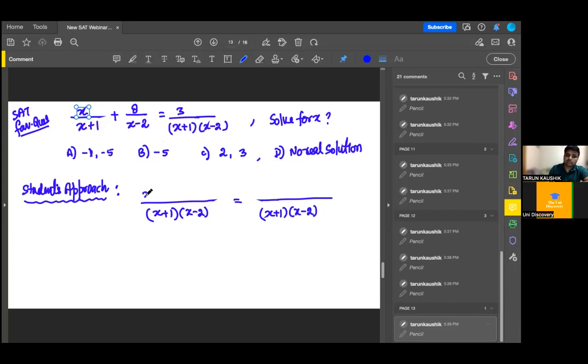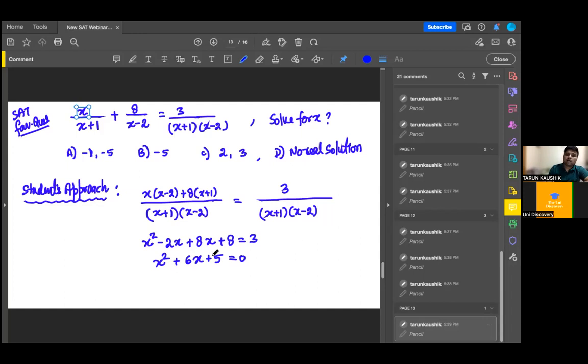So this is x times x minus 2 plus 8 times x plus 1, and that is equal to 3. Now I can compare the numerators, that gives me x square minus 2x plus 8x plus 8 equals 3. If I rearrange it, I get x square plus 6x plus 5 equals 0.